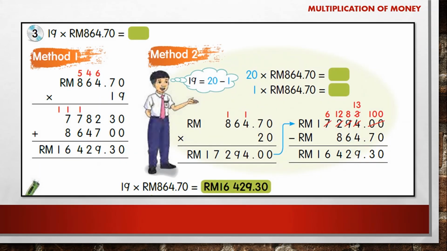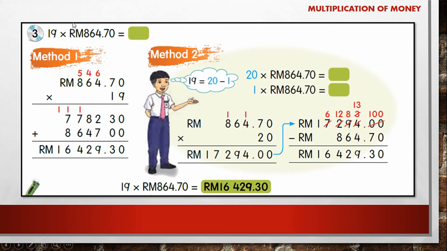Okay, now we move to the next example. It is very easy, but you have to be more careful, because here 19 multiplied by Ringgit Malaysia 864 and 70 cents equal to.